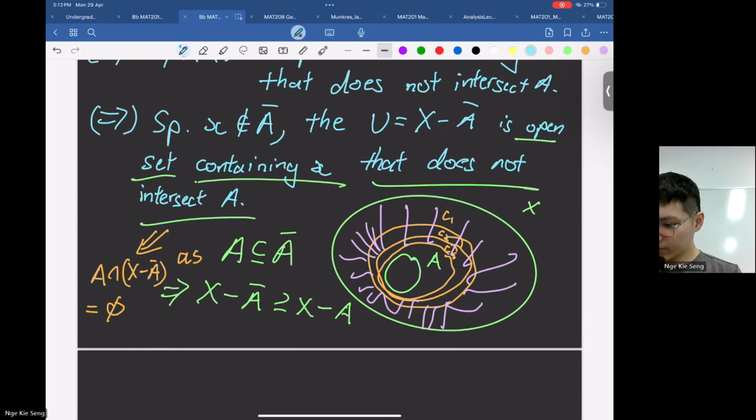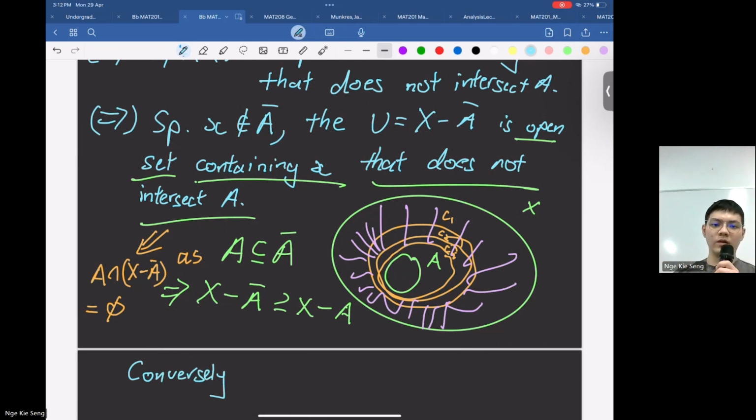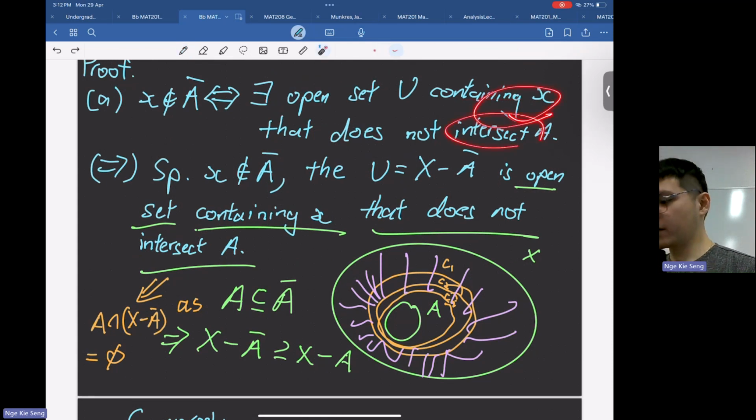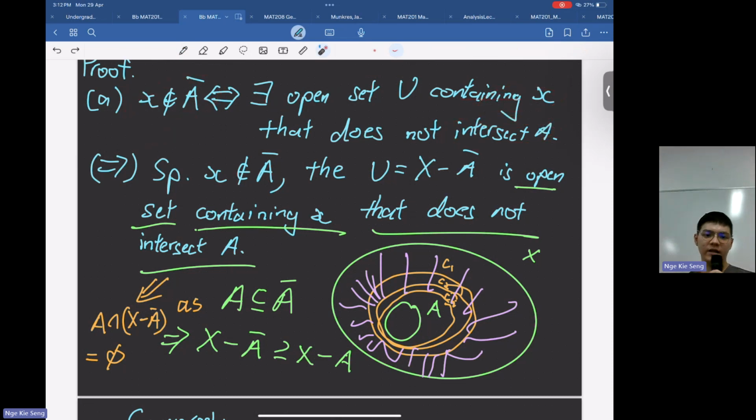Conversely, what is it? If you have an open set that contains X and does not intersect A, you want to show that X is not in A bar.